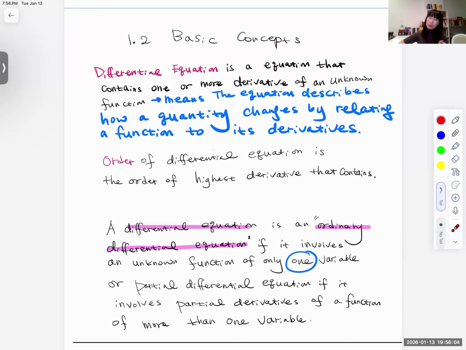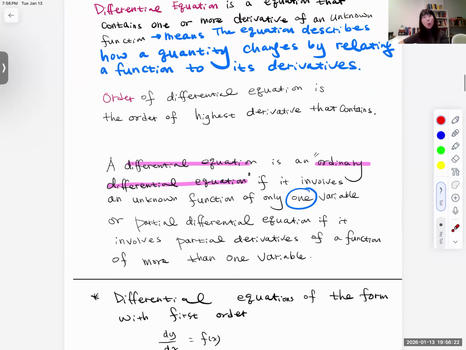First derivative, second derivative. If the highest one is the second derivative, then it's second order. If we see only the first derivative, then it's first order. Make sense?